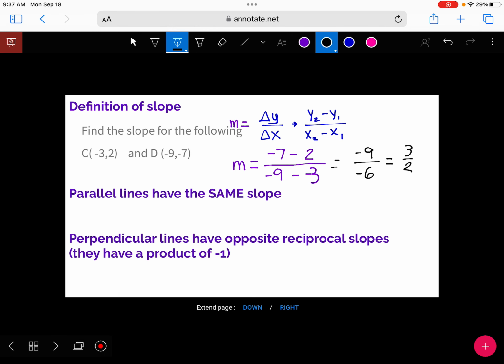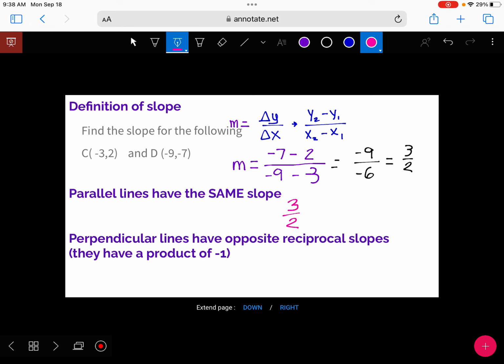So then we got to remember the relationships between parallel lines and perpendicular lines, which again, we've already talked about once. We talked about that with our triangles and our square stuff that we did a minute ago. Parallel lines have the same slope. So if we wanted to set a parallel line to this one, it would need to have the same slope. And a perpendicular line has the opposite reciprocal.